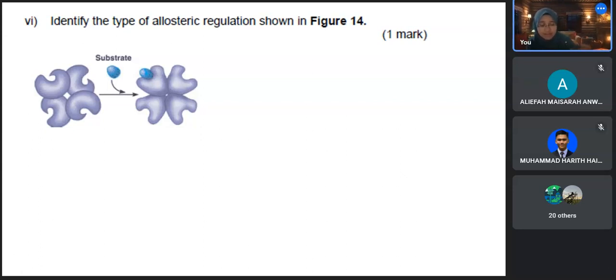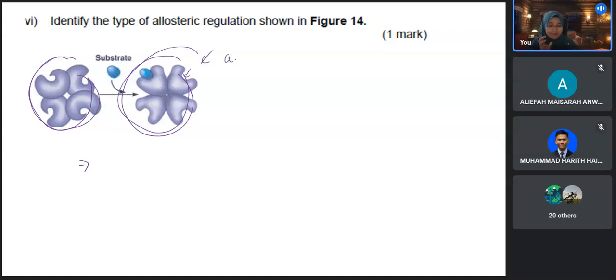So kat sini dia adalah sejenis apa? Cooperativity. What is cooperativity? You have allosteric enzyme having several subunits with several active sites. So this allosteric enzyme, dia dalam keadaan tak stabil. It keeps on changing from the inactive form to active form. So you have to stabilize the enzyme to make sure that the enzyme is in the active form.